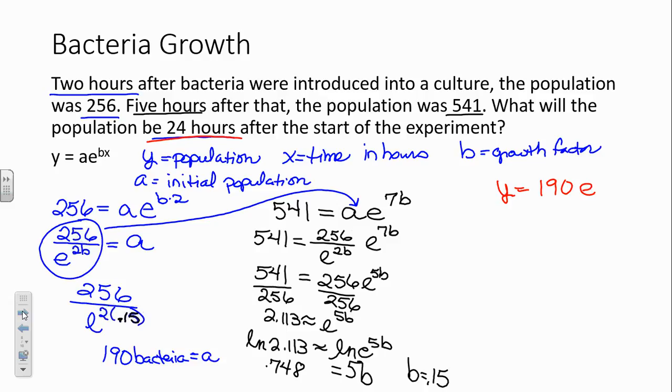We don't know what x is, but our b is 0.15. And we want to know how many will we have after 24 hours. So y equals, yeah, we're putting 24 in for x to figure out what y is going to be.